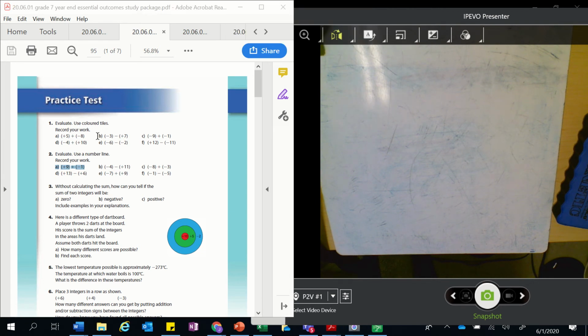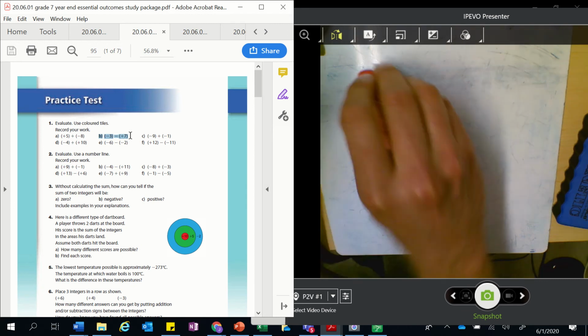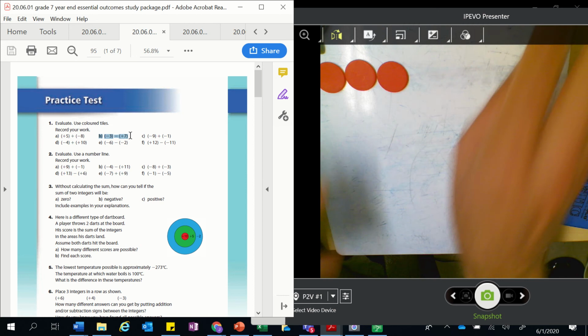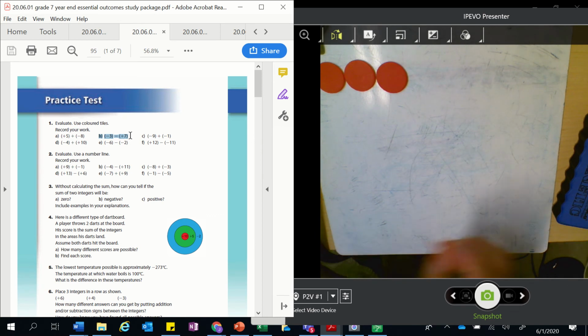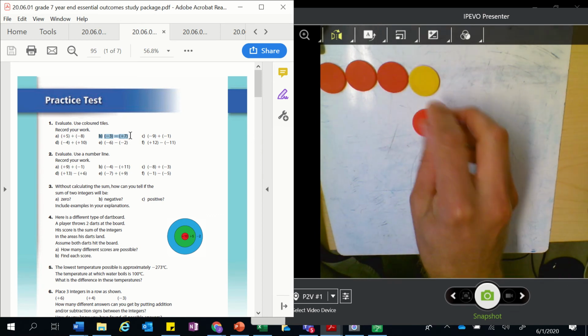Let's take a look at 1b. Minus 3 minus positive 7. All right. I now have minus 3, and it says minus positive 7. But there's a problem here. I don't have positive 7 to minus from here. Well, I need to find a way to have positive 7 to minus.